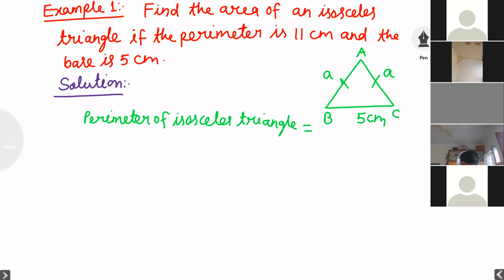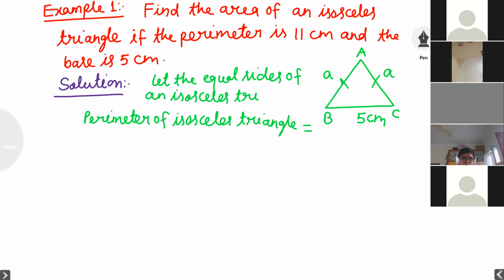Let the equal sides of an isosceles triangle be A. I assume here both sides are A. Now A plus A and base is 5.